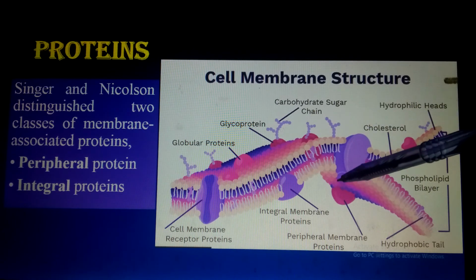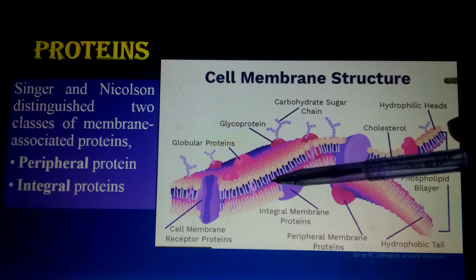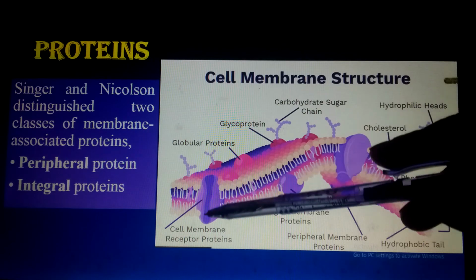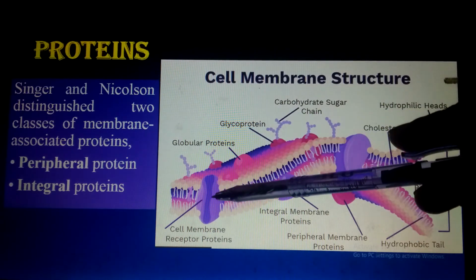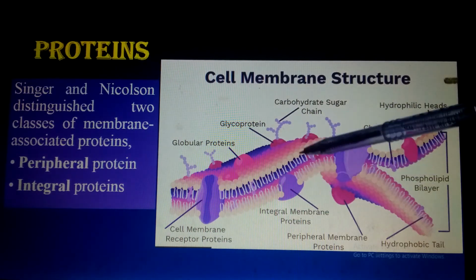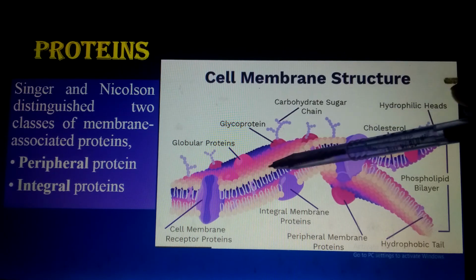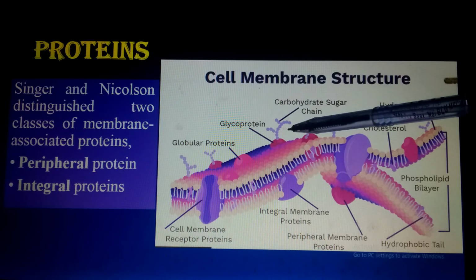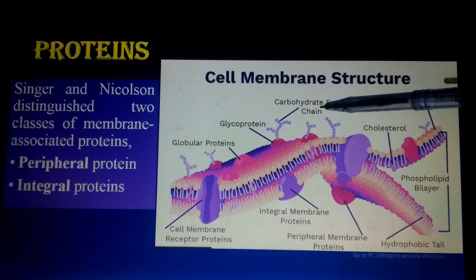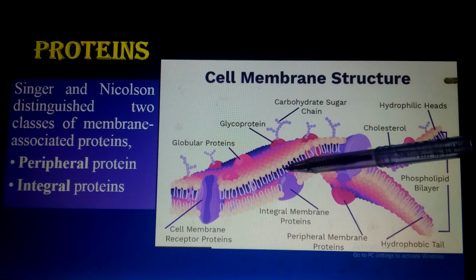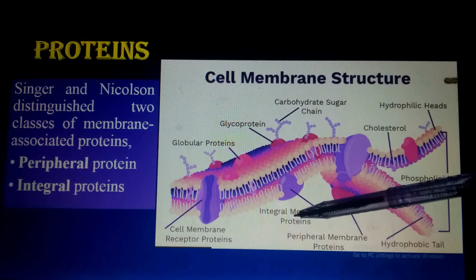So the integral proteins, you can see here, act sometimes like the channels, sometimes like the pumps, and the peripheral, which are present on the outer surface, act like the receptors of the cells. These peripheral and integral proteins perform many functions.